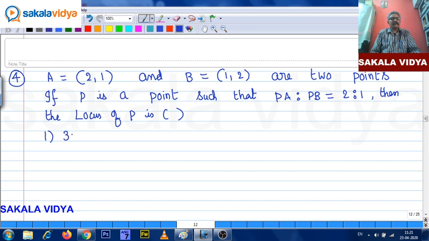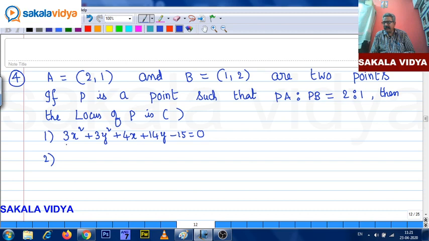First option: 3x square plus 3y square plus 4x plus 14y minus 15 is equal to 0. Second option: 3x square plus 3y square minus 4x minus 14y plus 15 is equal to 0.